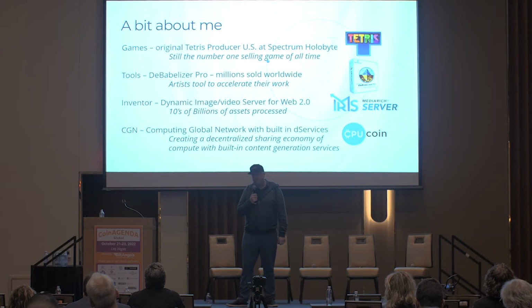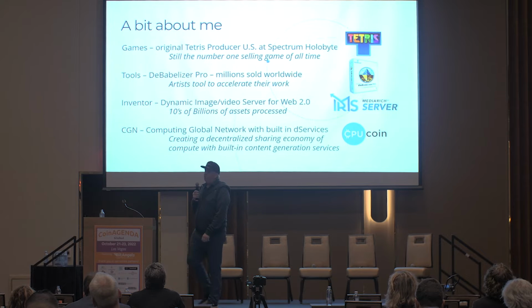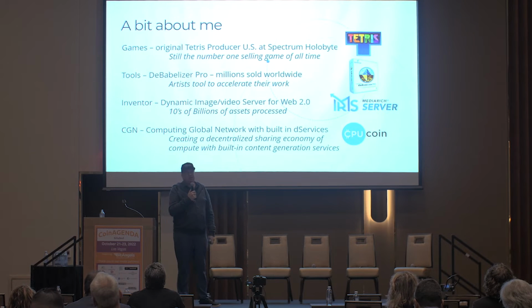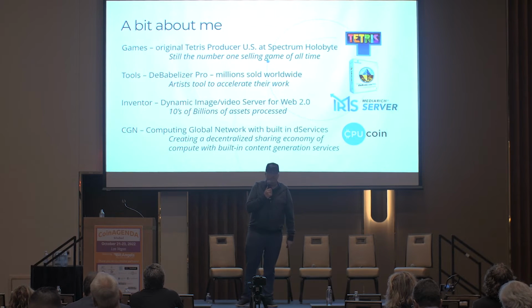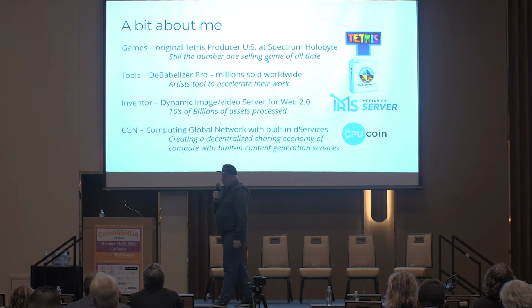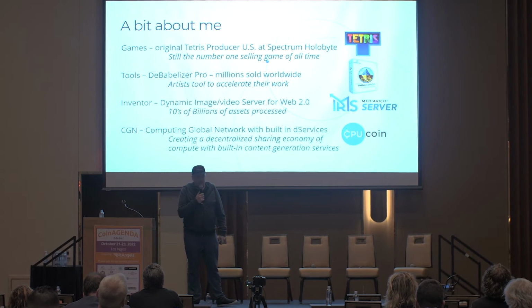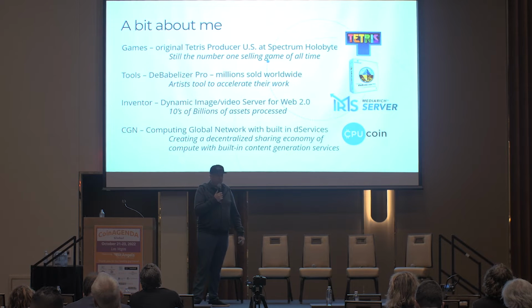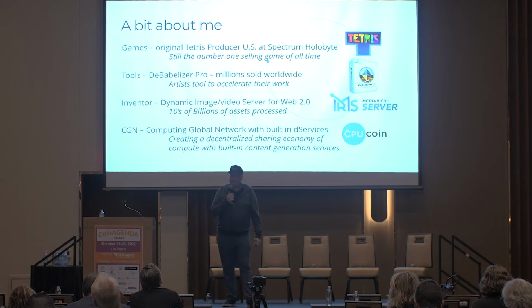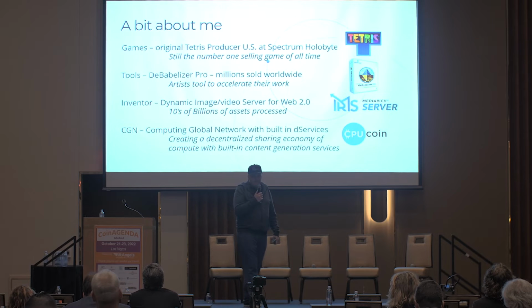I am the inventor of dynamic imaging. So you all have actually touched media-rich manipulated images today, if you have looked at an image on any high-volume website. Our system does dynamic on-the-fly processing of images and video. It's called Media-Rich Server, and that's at equilibrium.com. We did a license with CPUCoin, which is creating something called a computing global network or a content generation network, depending on the product that you're using.